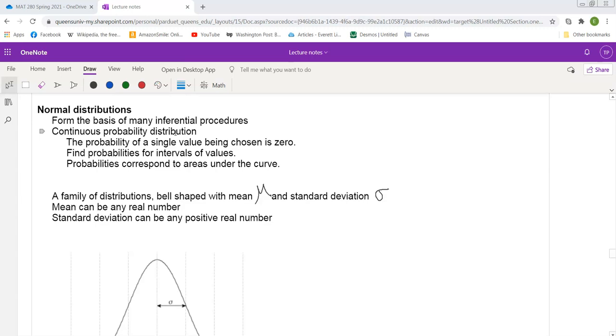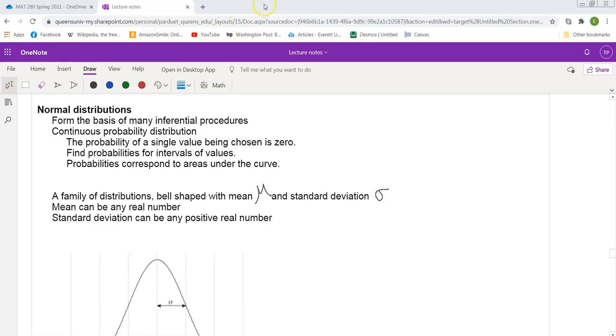The implication of that, with there being so many possible values that could be chosen, is that the probability for any given one of those is 0, because there are so many of them. An analogy I've used before is if I took a grain of sand and put it somewhere on a beach, somewhere on the earth, and had you go pick up a grain of sand somewhere on the beach, somewhere on the earth, the probability that you would pick up the same one I left behind would probably be pretty close to 0.